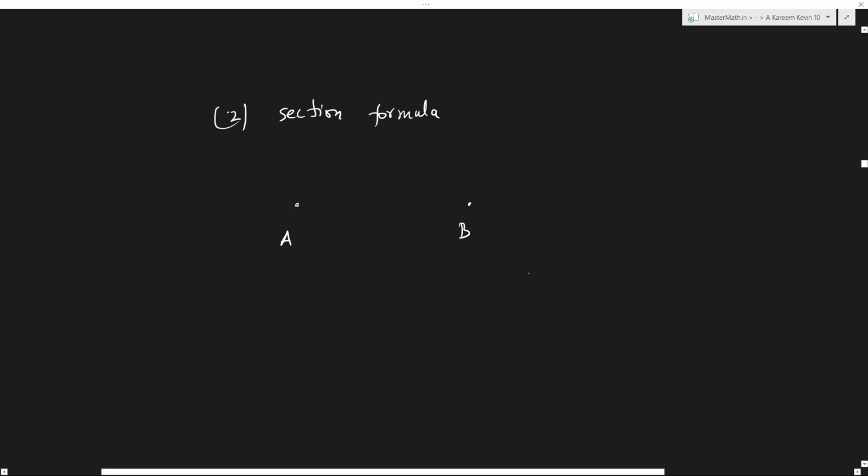So we have 2 points and there is a point P. I am given this set of points, 2, 3, 5, 6, and I am also given the ratio of AP and PB. So AP ratio PB is already given to me as, suppose, 2:3, and that we name as the m and n ratio. Now we need to find the coordinates of P.